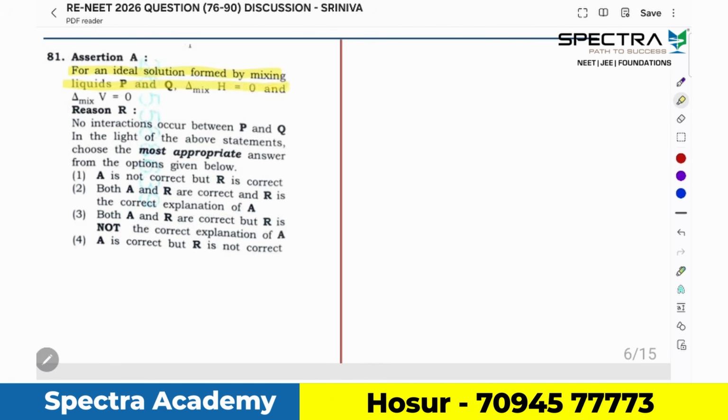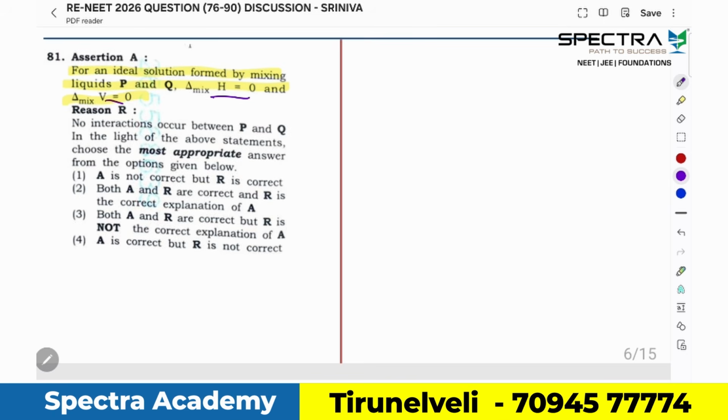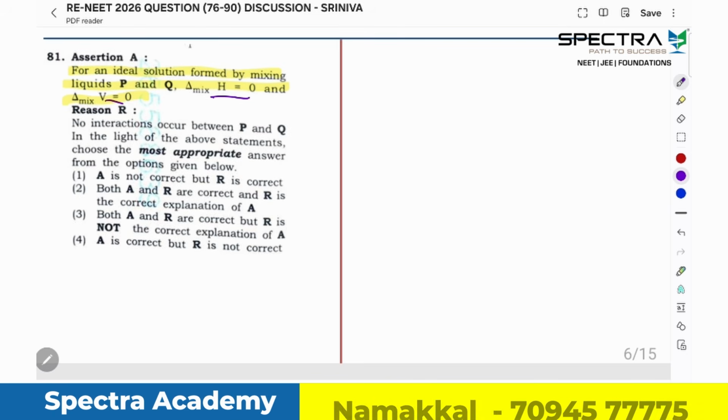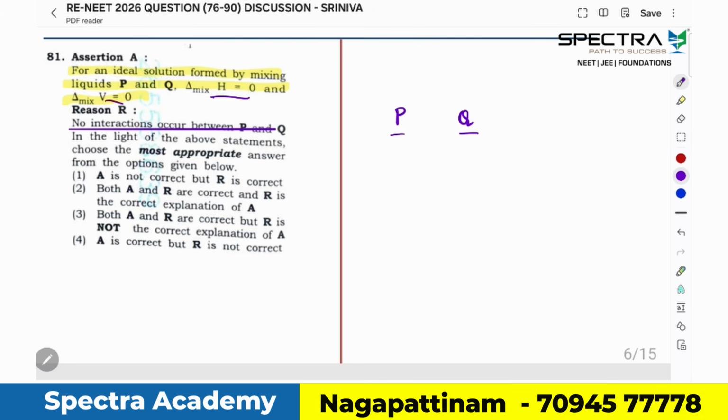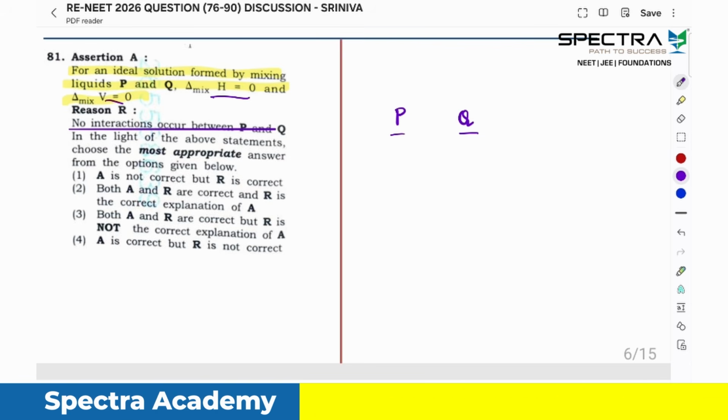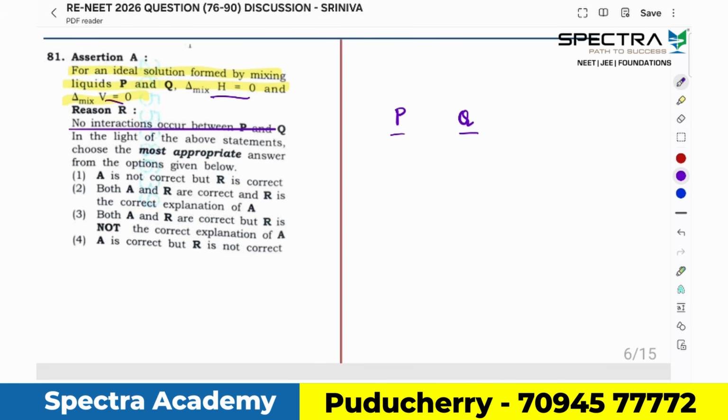Next one, question number 81. For an ideal gas equation, delta H and delta V is 0. We know about that. And now no interaction occurs between the molecules, because in the ideal solution P and Q intermolecular forces are almost equal. So the given statement is wrong.